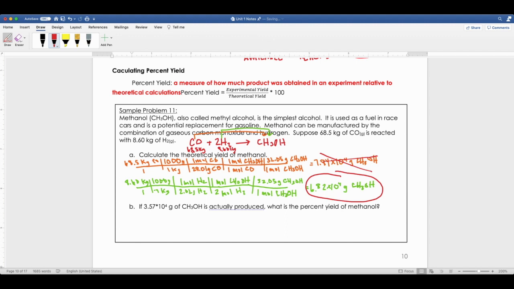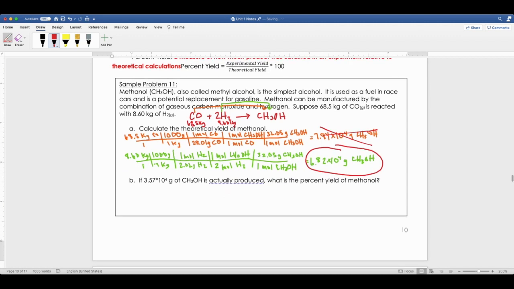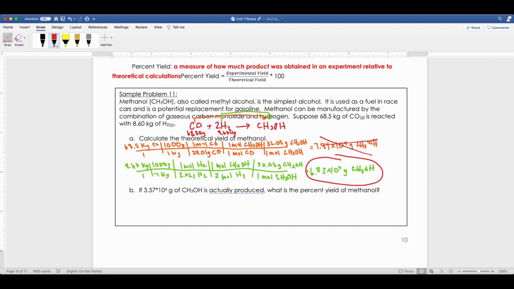Next question is asking, if 3.57 times 10 to the 4th grams is actually produced, what is the percent yield? So here's where that percent yield is going to come in. This right here would be the result if somebody actually did this in an experiment, right? So this is your experimental value. Somebody did this and they determined what that yield would be.